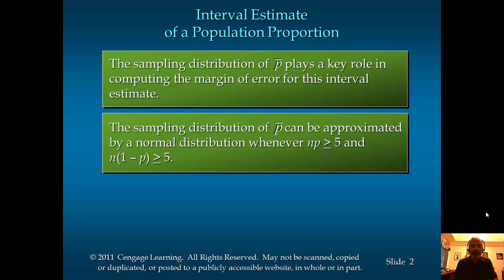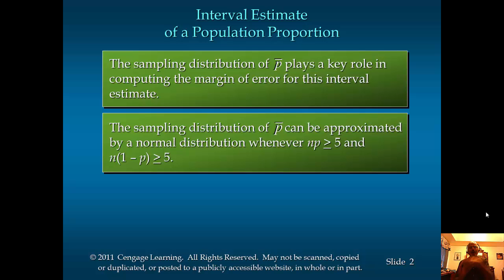But before we get to that, we're going to be using the z distribution for the table value. So we still have the approximation. We're going to take the binomial distribution and approximate it with a normal distribution.